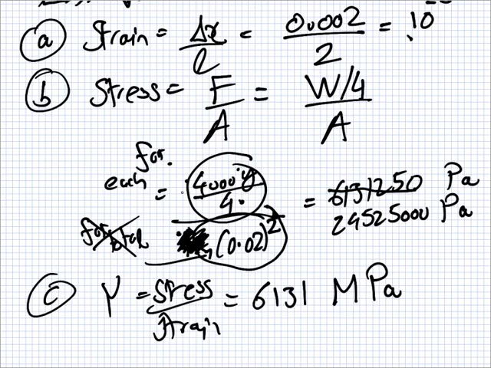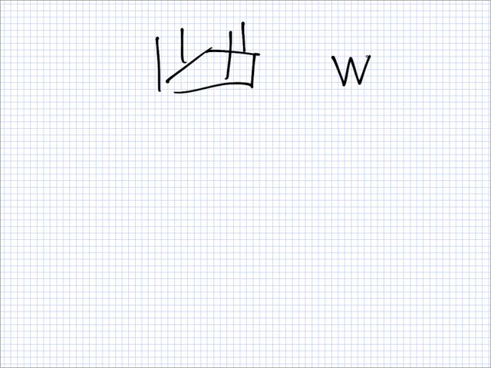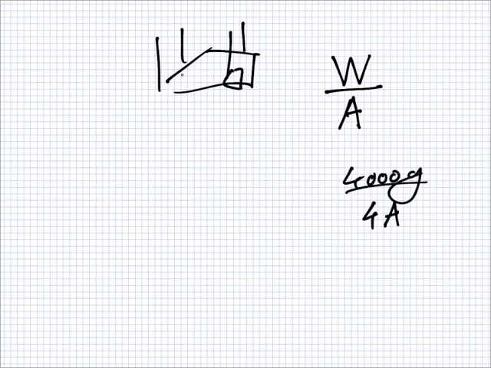Let me explain. When Amanda did it, she did 1, 2, 3, 4. Amanda did the total weight divided by the total area. So she had 4,000 G divided by 4A, because there were 4 areas here.